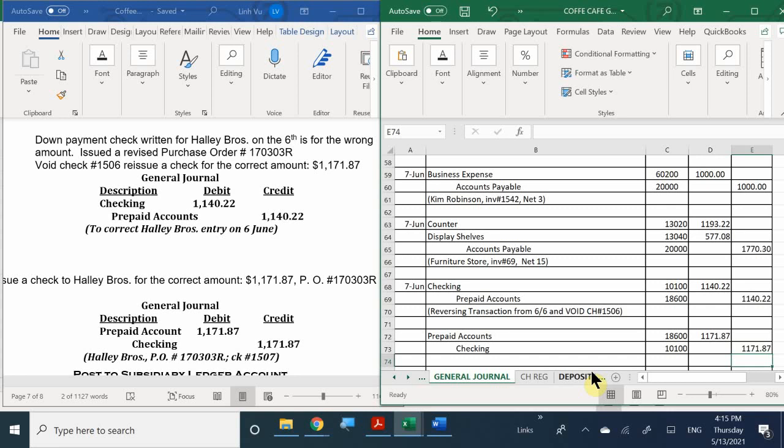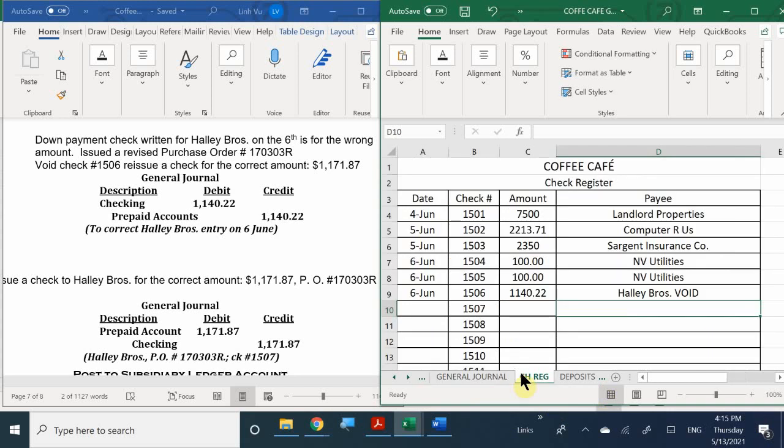The next thing I have to do, now that I'm for sure going to be sending and reissuing another check, is that it's going to be check number 1507. So back to your check register, you're going to fill out the same exact information, but this time it's for the 1171.87 to Haley Bros.